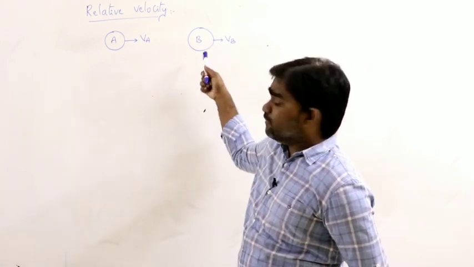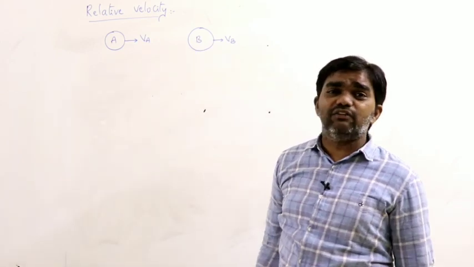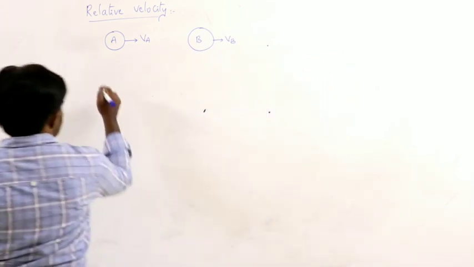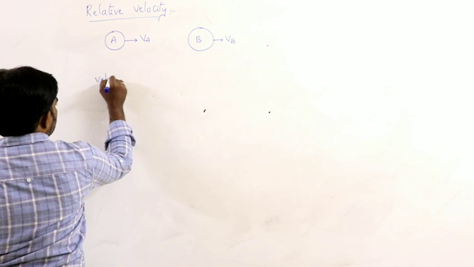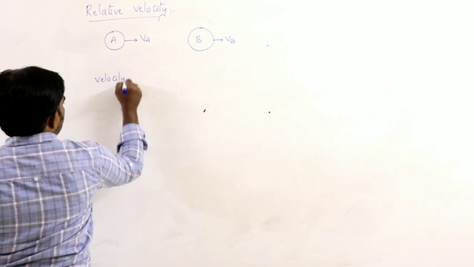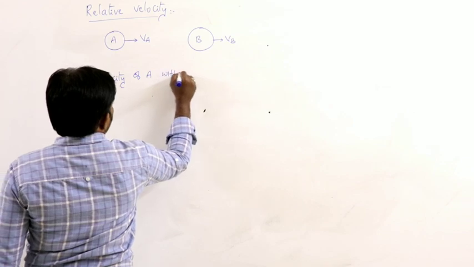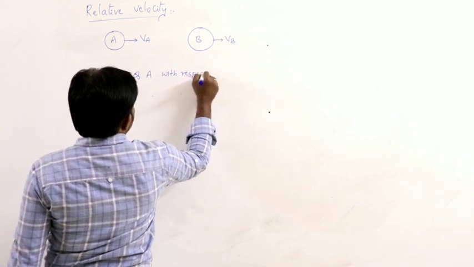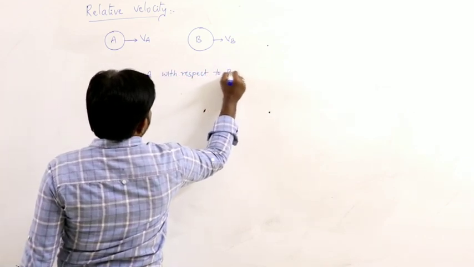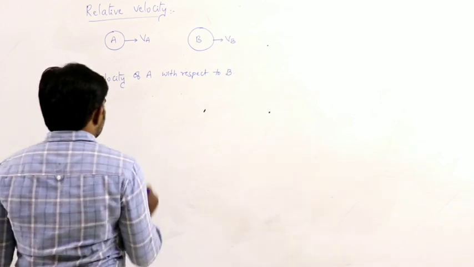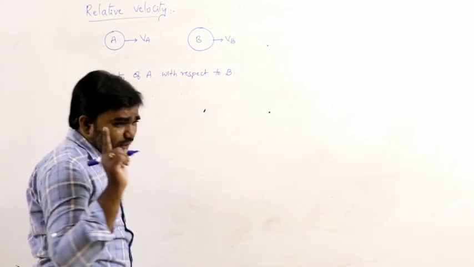Two bodies having velocities. How can we calculate the velocity of A with respect to B? First we have to calculate, see here, the velocity of A with respect to B. Velocity must be a vector quantity.